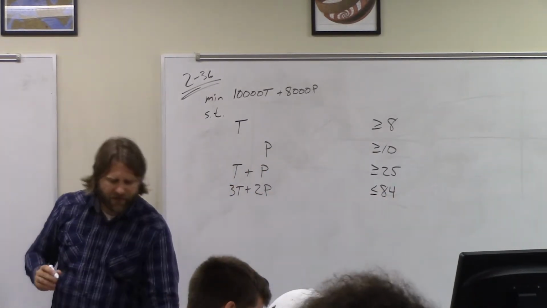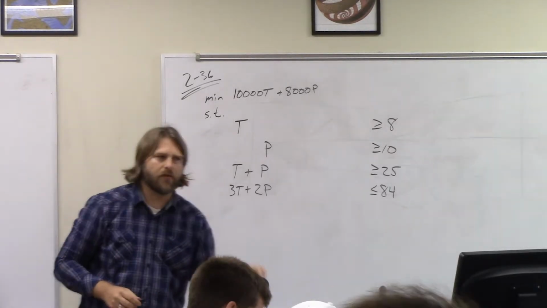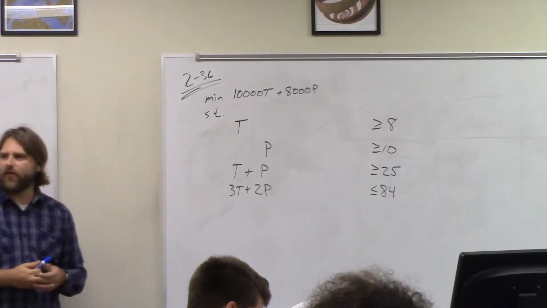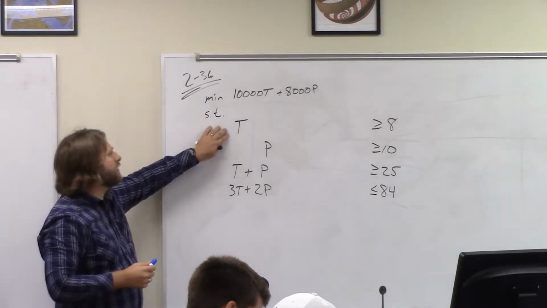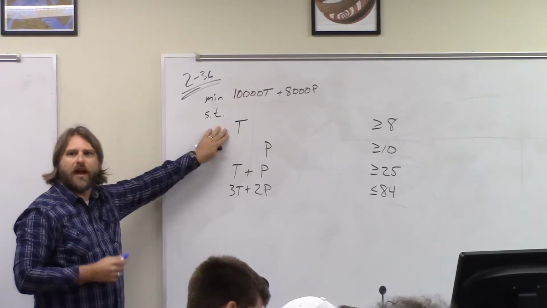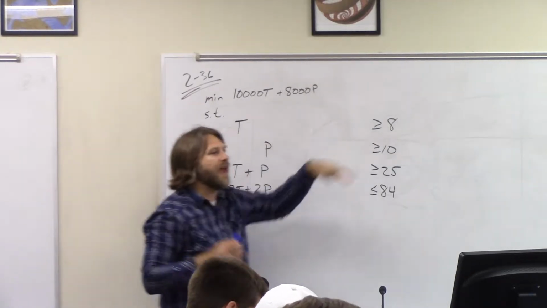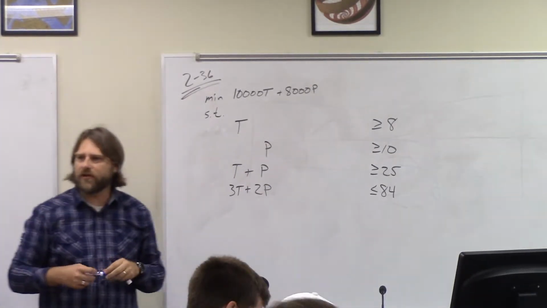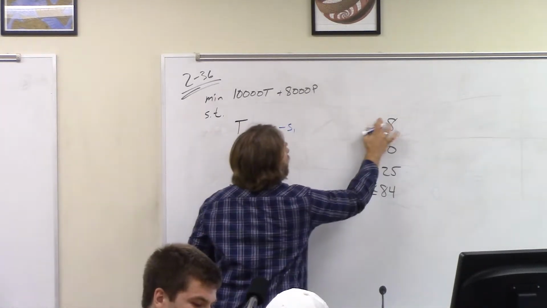Now, how did we modify these functions again, real quickly, to move them into standard form? Added slack or surplus variables. So first one, is it a slack or is it a surplus variable? How do you know it's surplus? Because it's greater than or equal. So do we add or subtract surplus variables? Subtract. So we're going to do minus S1 right here.